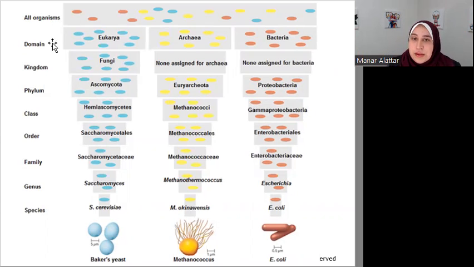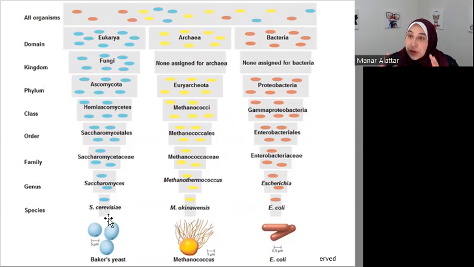Within eukarya, for example, we have a number of kingdoms, and baker's yeast falls under fungi. And then we get more and more specific. So different phyla of fungi, different classes, different orders, different families, and then we get to the actual genus and species, okay? Here we're looking at the genus Saccharomyces and the species cerevisiae.